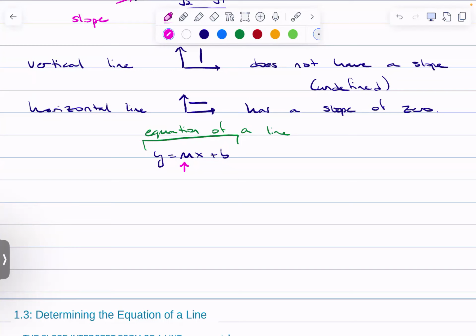We've been calling it m, and so we denote it as m here as well. And your b, that's a lowercase b, is the y-intercept. The value of y when x equals 0. If you plug in x equals 0, it doesn't matter what the slope is. Multiply by 0, y equals b. And so that's why it's the y-intercept.